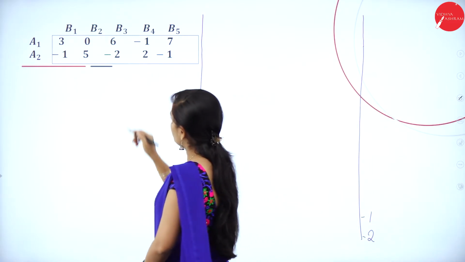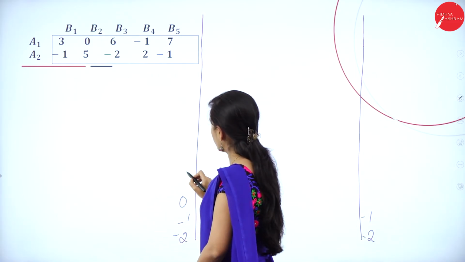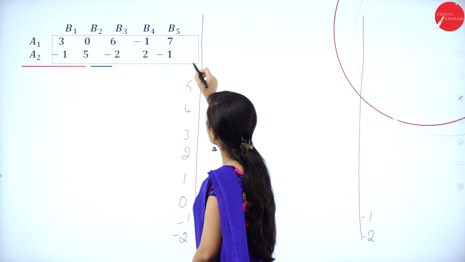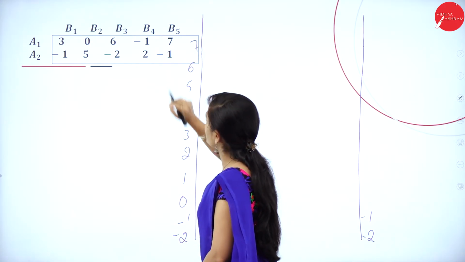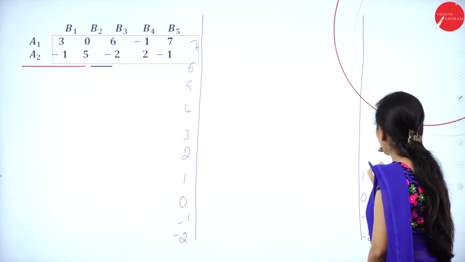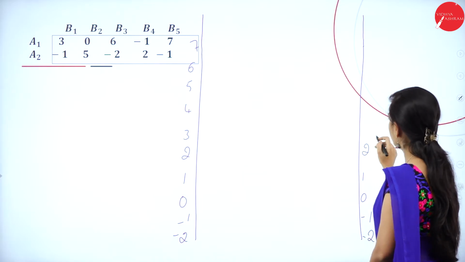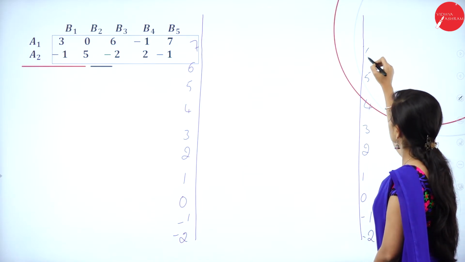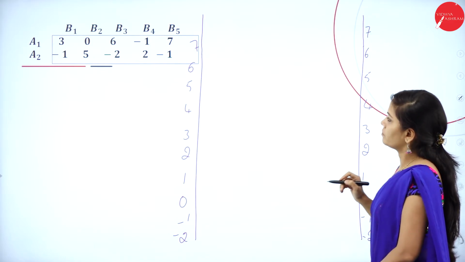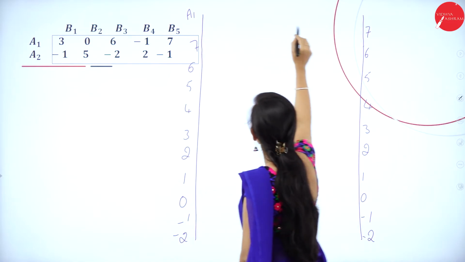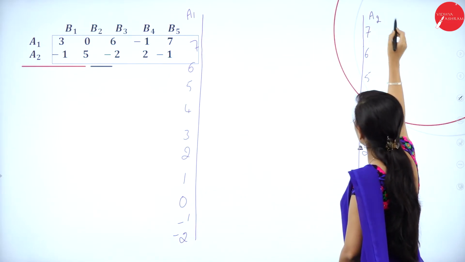The next value is 0, then 1, 2, 3, 4, 5, 6, and the highest value is 7. Again here 0, 1, 2, 3, 4, 5, 6 and 7. So now this axis is A1 and this axis is A2.